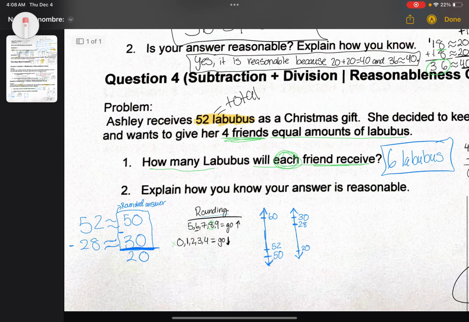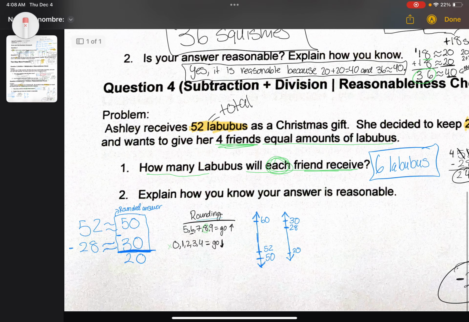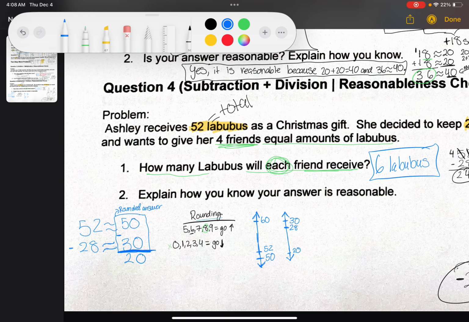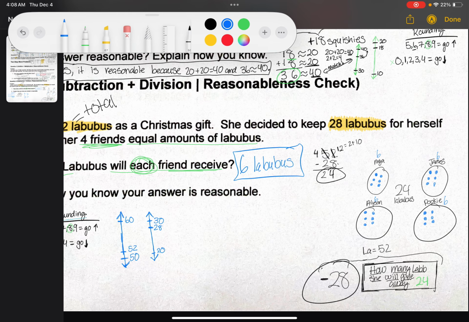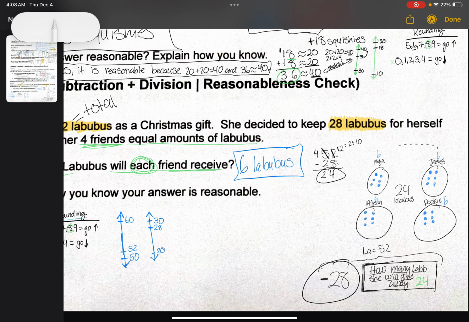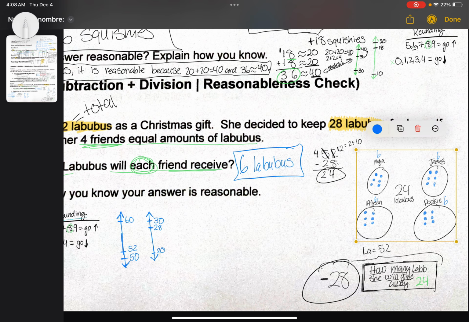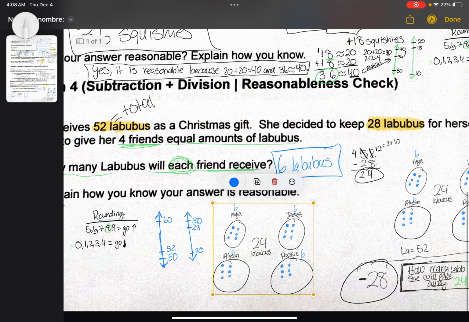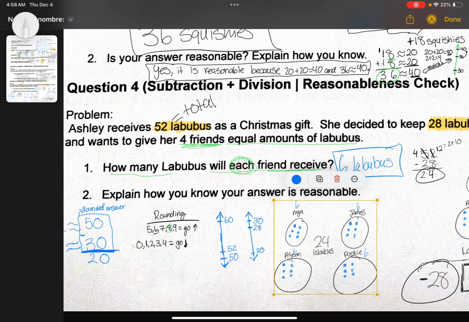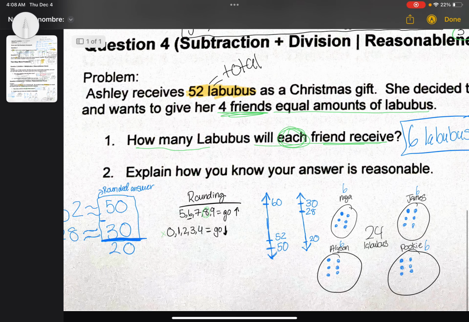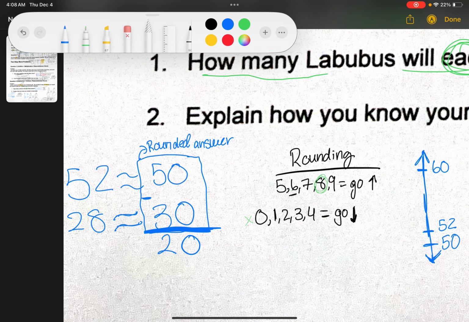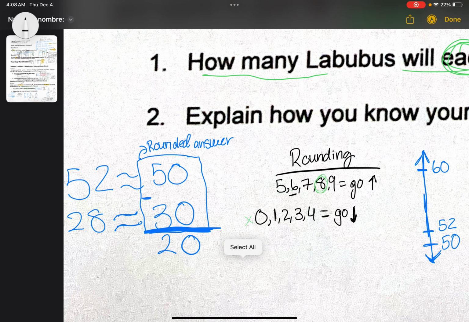But we're not done yet because remember, each friend has to receive their labubus, right? So we are going to still do our 4 friends. Our 4 friends will reappear again. I'm going to bring our 4 friends back. They're enjoying their 6s. So let's see how many labubus I have left if we did the rounded number. We're on question 2, by the way. Our total amount of labubus for question 2 is 20.